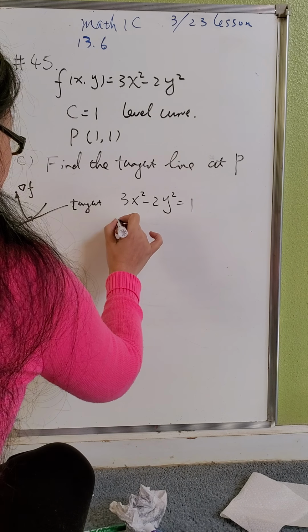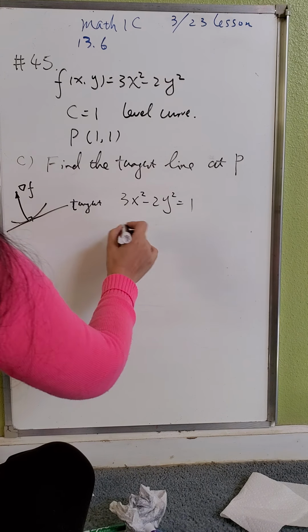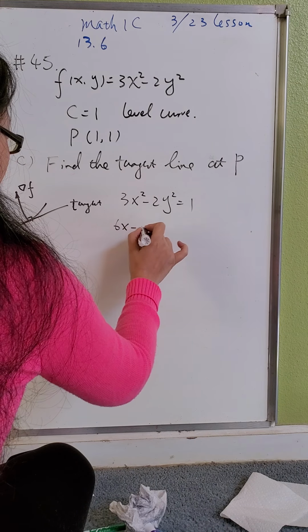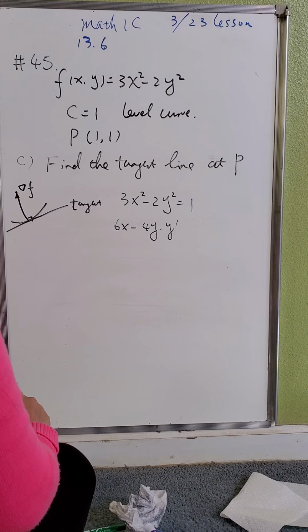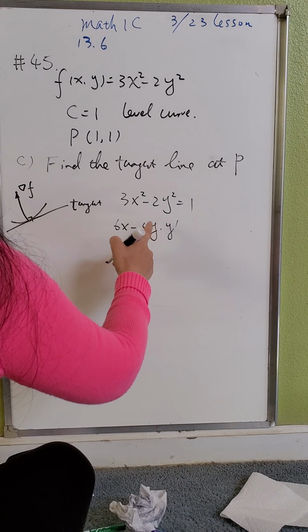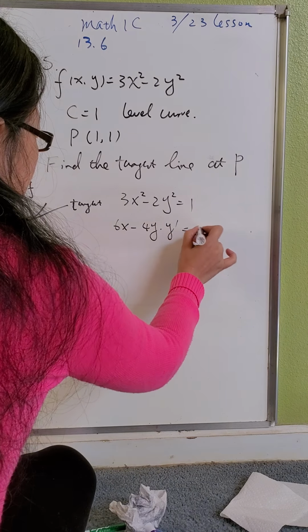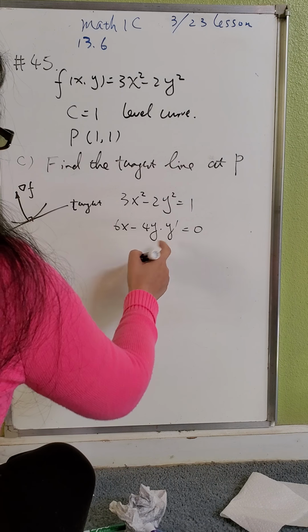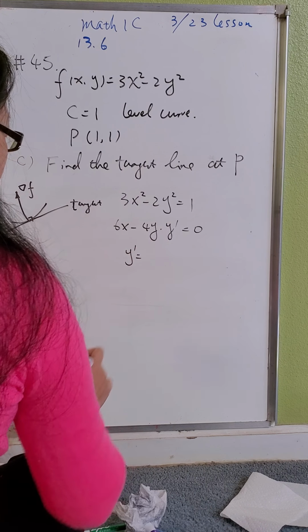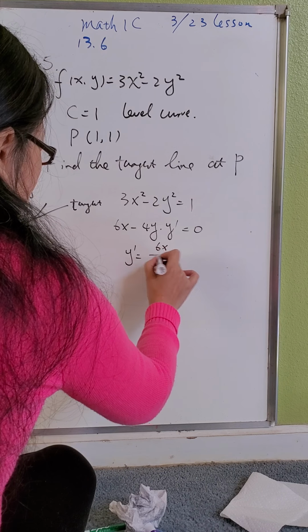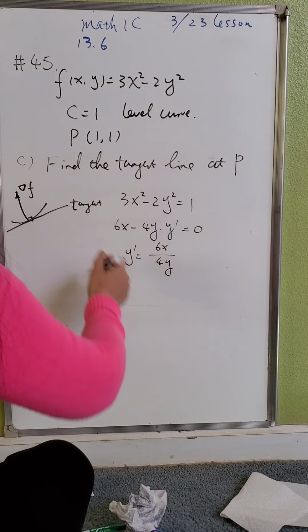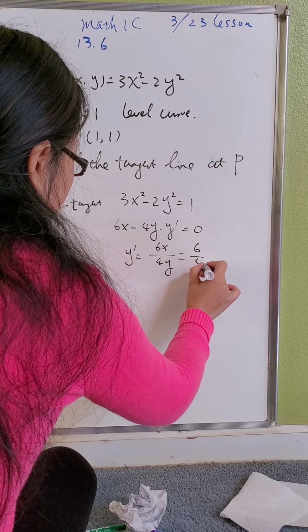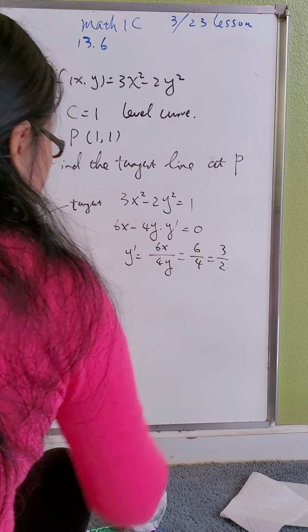So it will be 6x minus 4y times y prime. Now remember in 1A we learned about that. Implicit differentiation equals 0. Solve for y prime equals 6x over 4y. Put in the (1, 1), so it equals 6 over 4, so equals 3 over 2.